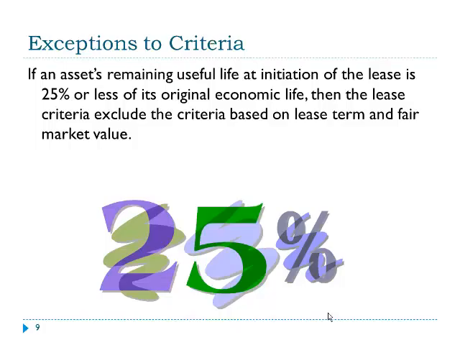So the criteria of a capital lease only apply to the beginning of the life of a lease. If an asset's remaining useful life at initiation of the lease is 25% or less of its original economic life, then the lease criteria exclude the criteria based on lease term and fair market value and will only use the title transfer and bargain purchase criteria to separate operating and capital leases.